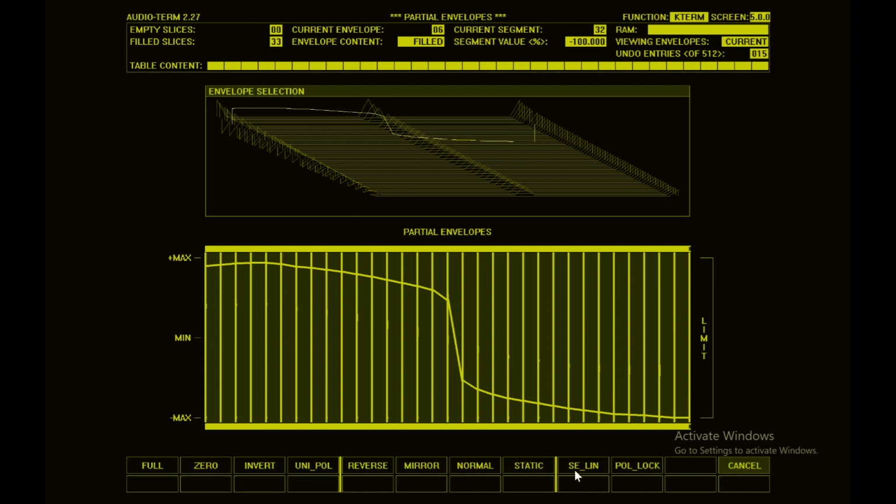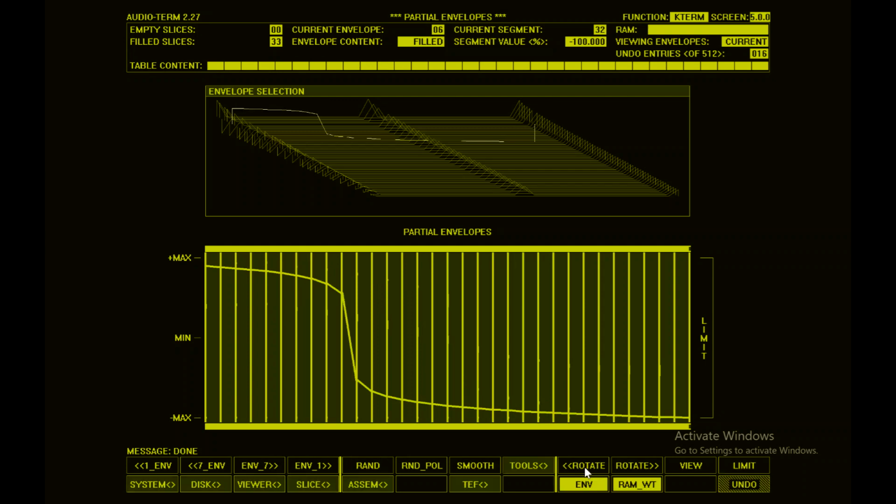And SE line, I believe that stands for segment. Line, I don't know. And also it seems to be weighted to the left, so there may be a logarithmic effect going on here.